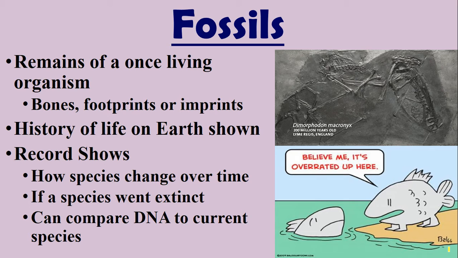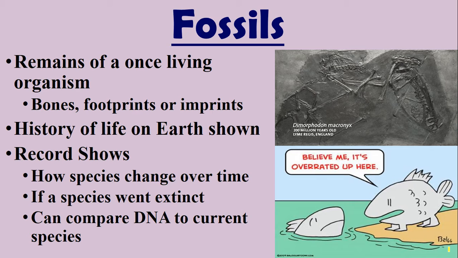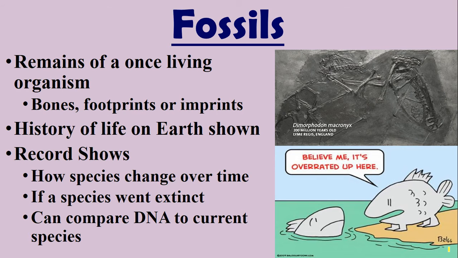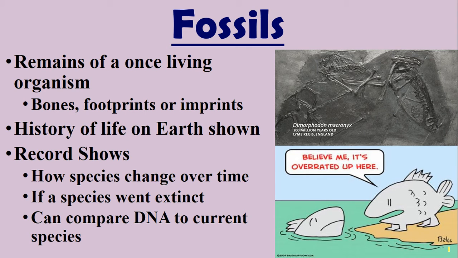It also shows a history of life on Earth. What the records show is how species changed over time. We can see they're the same species, but now they have this, now they have that. And like now, we think that dinosaurs had feathers, not leather skin. We can also see when species went extinct.